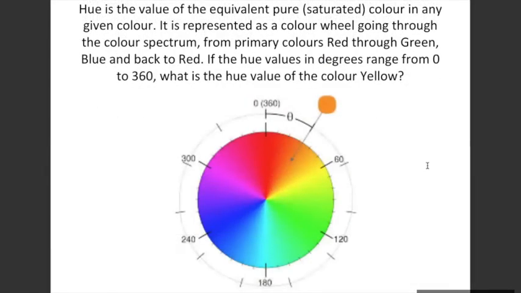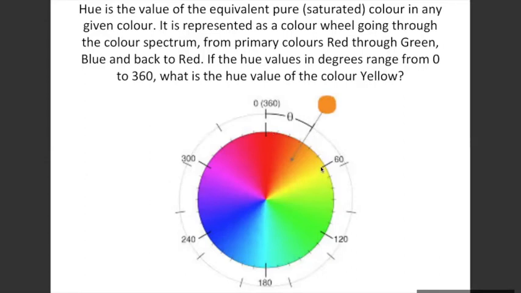Is this a color wheel of the RGB series? Red, green, and blue. Agree or disagree? Everyone? Yes, ma'am. So the color yellow will lie at 60 degrees here. R, G, and B. You start with red, you arrive at green at 120 degrees, you arrive at blue at 240 degrees, and you arrive at red at 360 degrees.